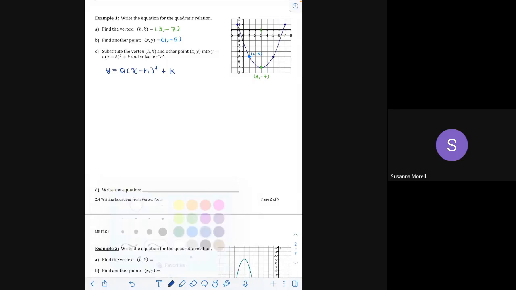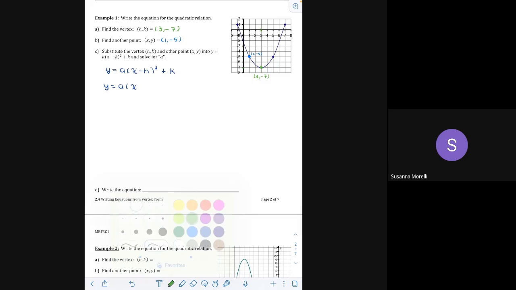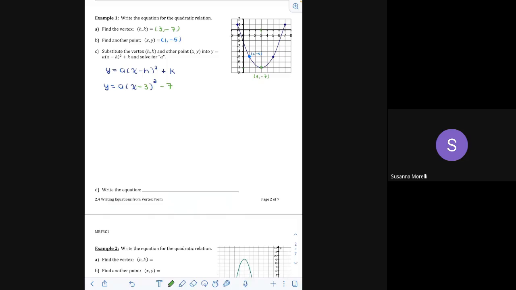So y is equal to a, and the vertex says 3, -7. In the bracket, I change the sign, so I write x - 3, close the bracket, squared, and then -7.